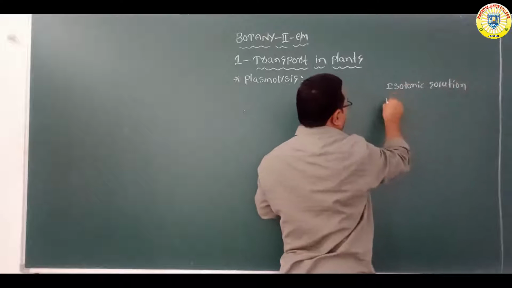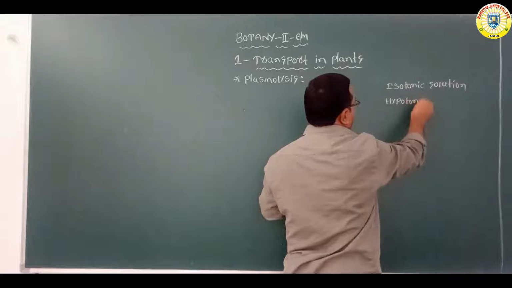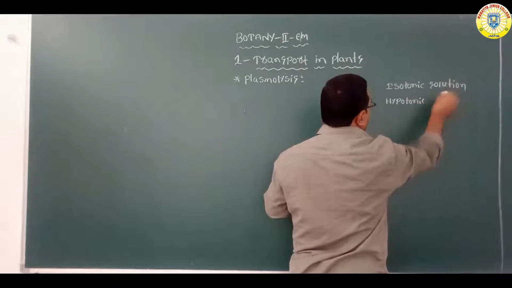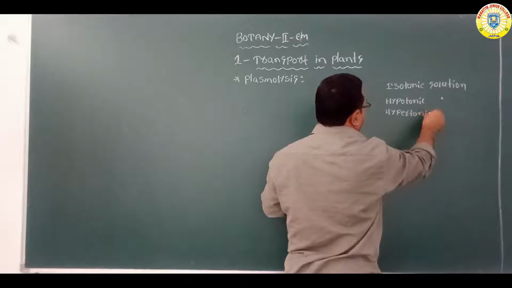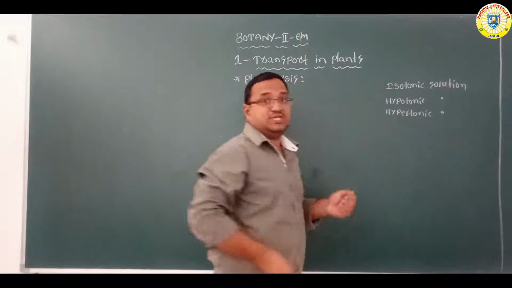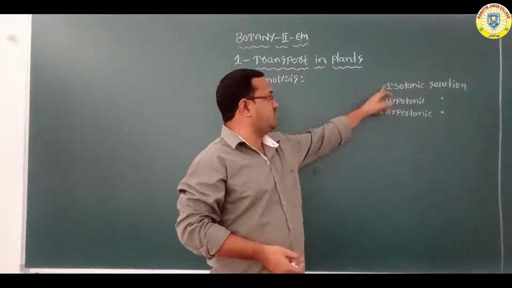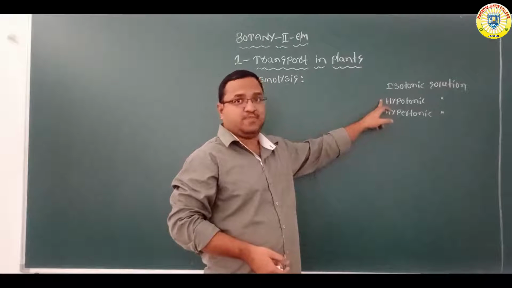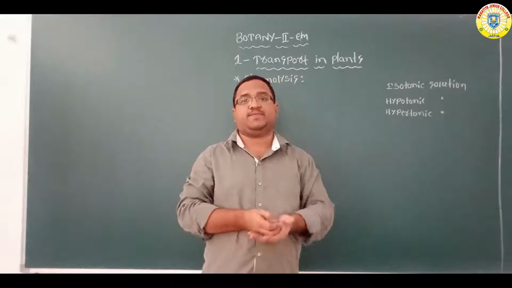Another one is hypotonic solution. And another one is hypertonic solution. So the first one is isotonic solution, the second one is hypotonic solution, and the third one is hypertonic solution.